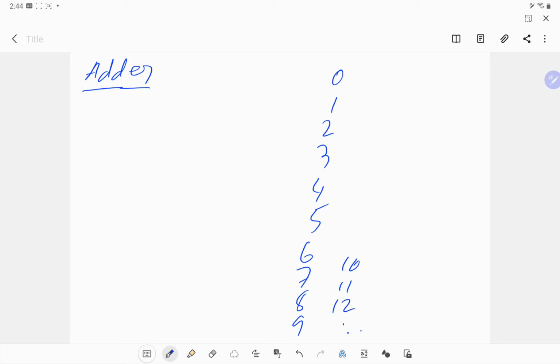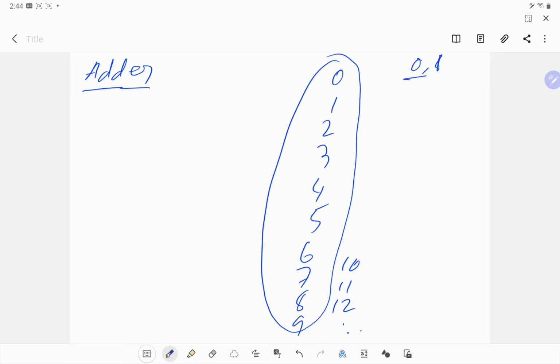That's how we continue. We have 10 digits here, but in the binary number system we have two digits, 0 and 1. So what do we do? We first start with 0, 1, then after that we don't have any digit, so we put 1 0, then 1 1, then 1 0 0, 1 0 1, then 1 1 0, 1 1 1. That's how we continue, and we can continue up to infinity.